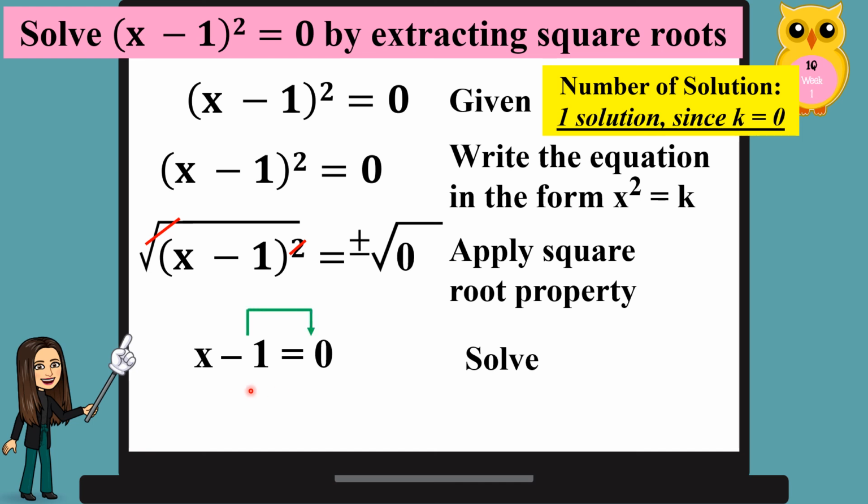Since we are to solve for the value of x, ita-transpose po natin si negative 1 to the other side of our equation so that the value of x, or the solution of the given quadratic equation here, is positive 1. Okay? So that is how to solve quadratic equation by extracting square root.